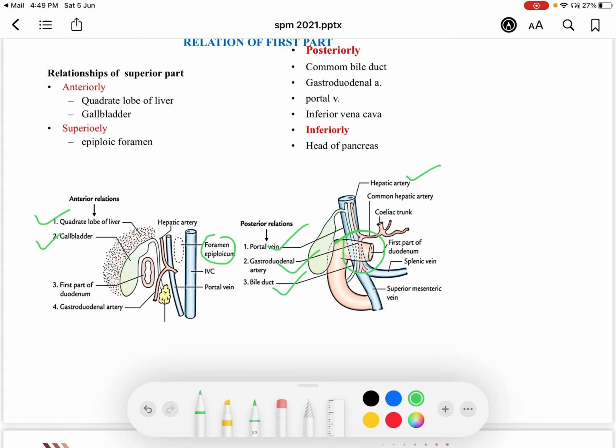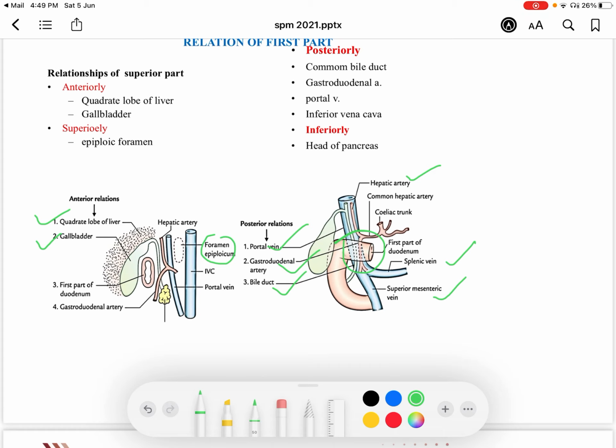So what came in the relations? Portal vein, gastroduodenal artery and bile duct. The formation of the portal vein is behind the neck of the pancreas by the splenic vein and superior mesenteric vein.